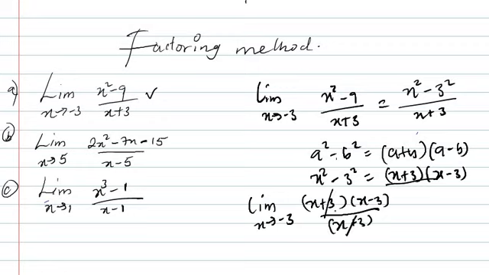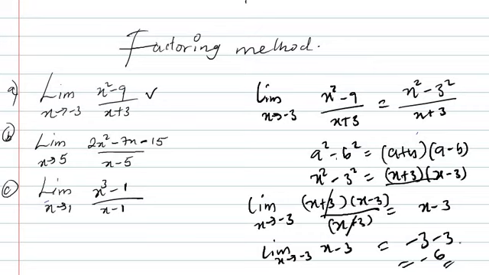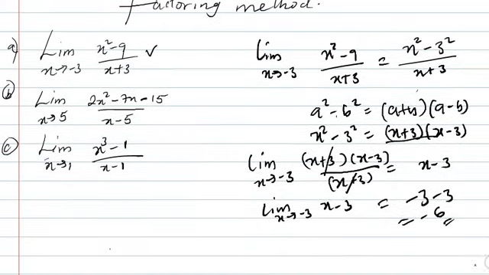So this one cancels with this one, and we end with x minus 3. So the limit as x approaches negative 3 of x minus 3. Now we substitute x equal to negative 3. So we have negative 3 minus 3, which is negative 6. So negative 6 is the appropriate answer for this.